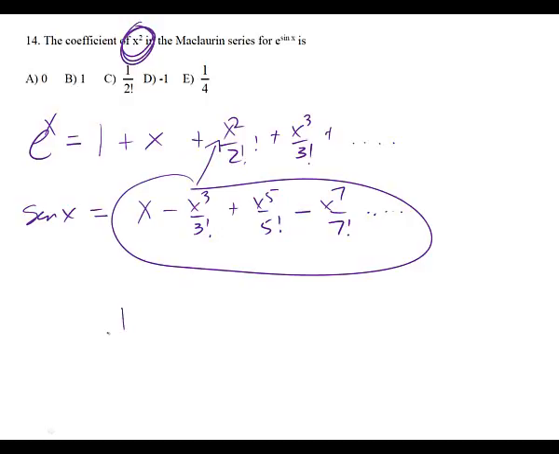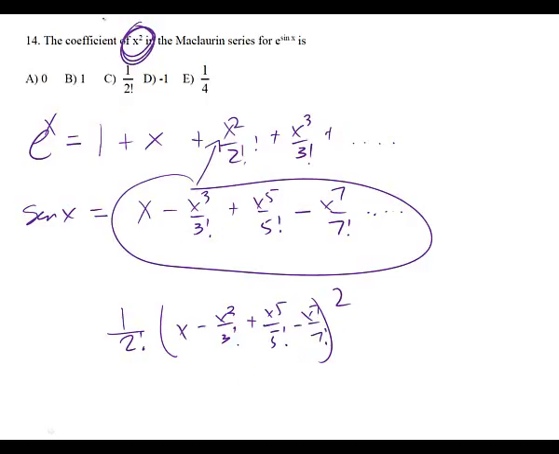All right, so all I'm doing is taking this and substituting it in for that x, right? So we've got 1. I'm going to pull this factorial out front because all I'm working with is just that term. So it'd be this thing here, x minus x cubed over 3 factorial plus x to the 5th over 5 factorial minus x to the 7th over 7 factorial, squared. Okay?